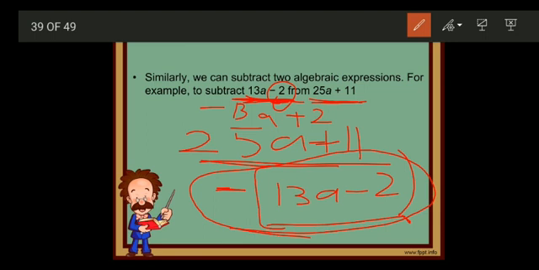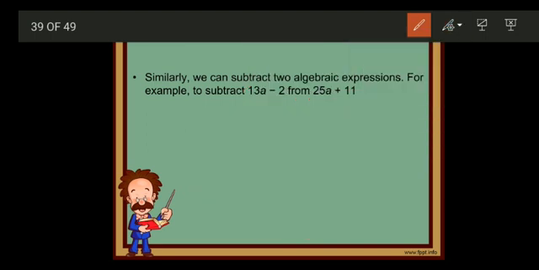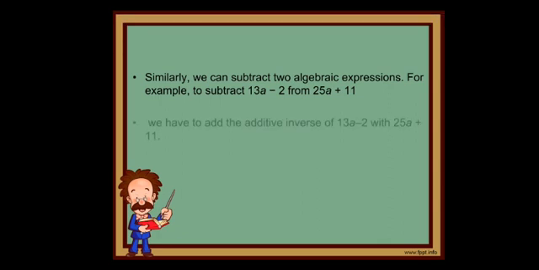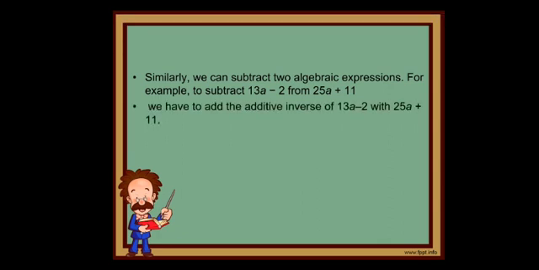Subtracting 13a minus 2 from 25a plus 11 is nothing but adding the additive inverse of this to this. So how to do that? We have to add the additive inverse of 13a minus 2 with 25a plus 11. We have seen additive inverse of 13a minus 2 is nothing but changing the symbol.